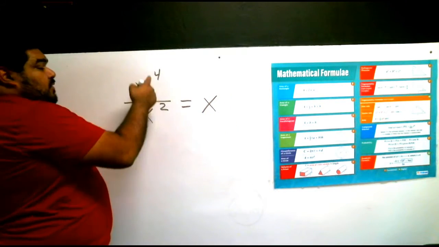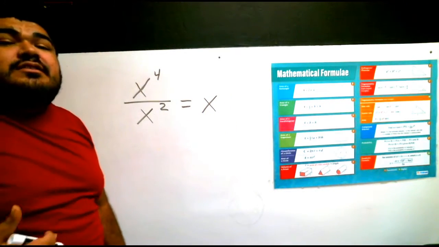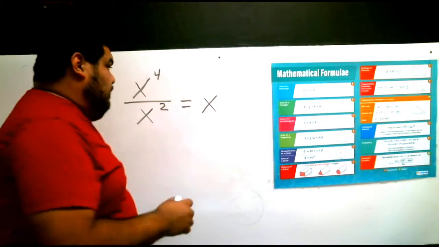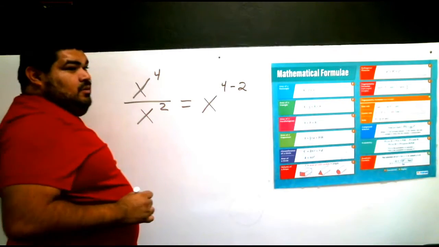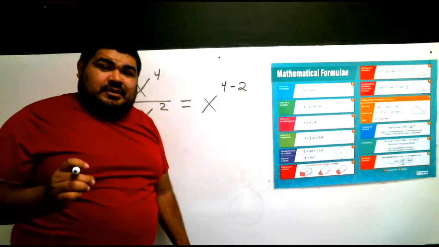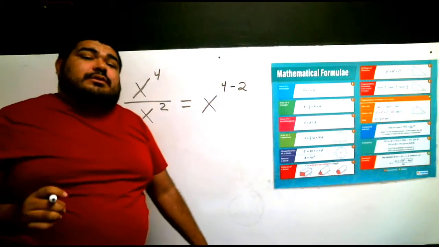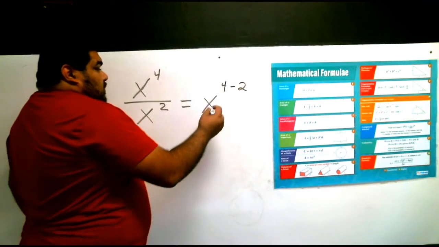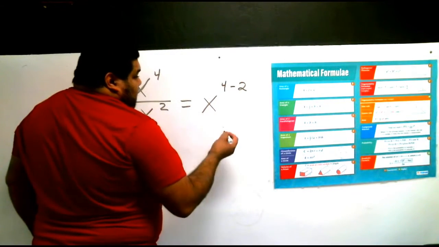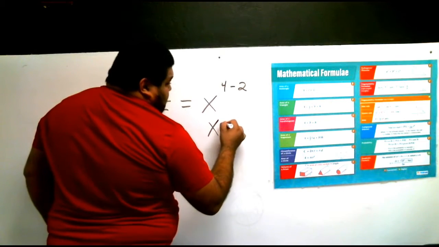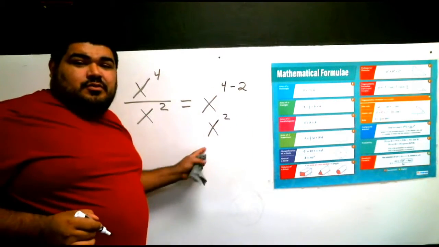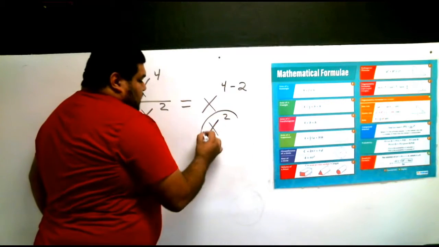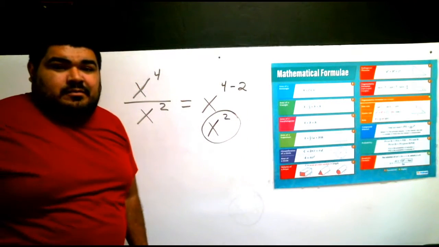Remember, the opposite of division is subtraction. So we have 4 minus 2. The top number goes first, the bottom number goes second. So we have x to the 4 minus 2, which equals x squared, because 4 minus 2 is 2. So your final answer is x squared.